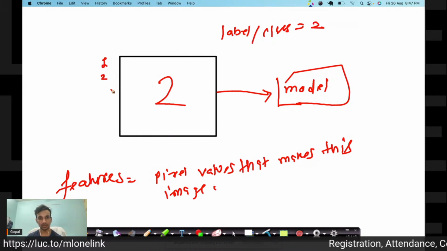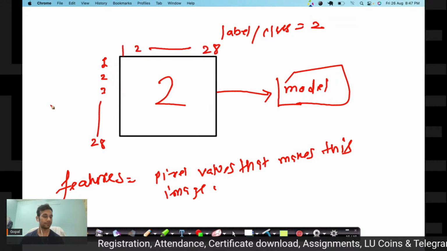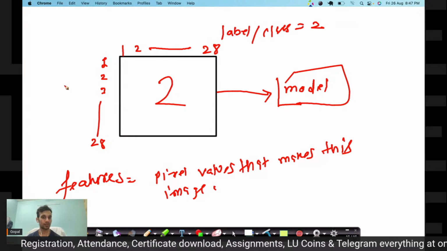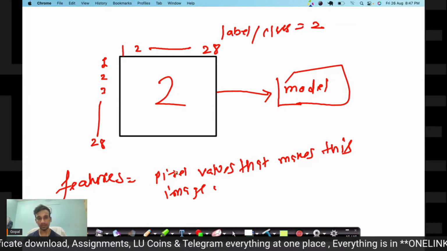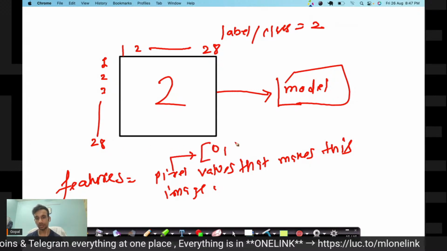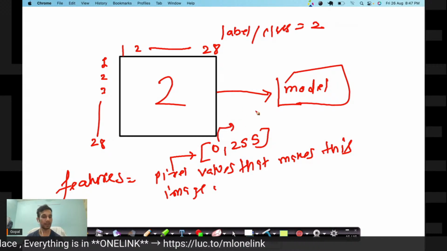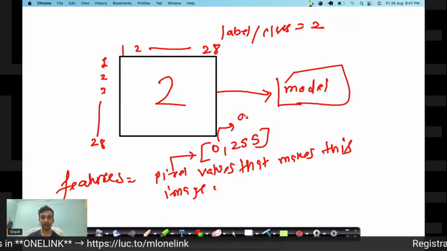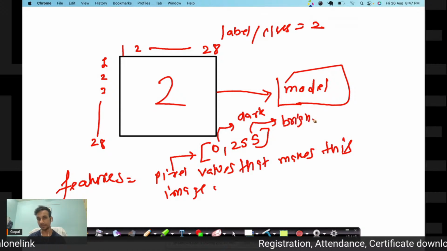So it is 1, 2, 3 till 28, and similarly 1, 2, 3 till 28. Each pixel value will range from 0 to 255, where 0 is the darkest pixel and 255 is the brightest one.